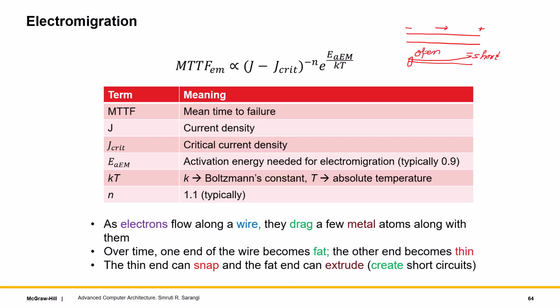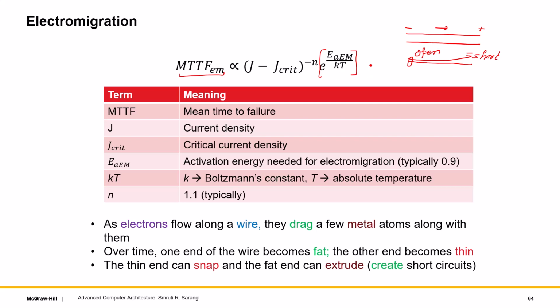So this is known as electromigration, where the mean time to failure is proportional to, of course, the current density. This is the current per unit area, normalized, and then multiplied with this term. You will see many variants of this term for all of these equations.